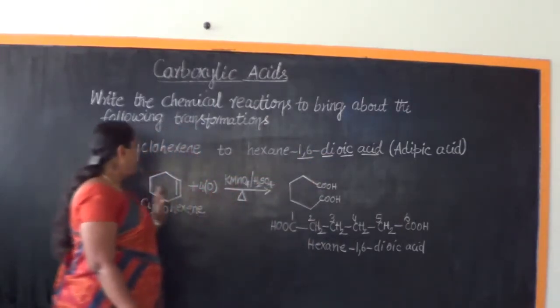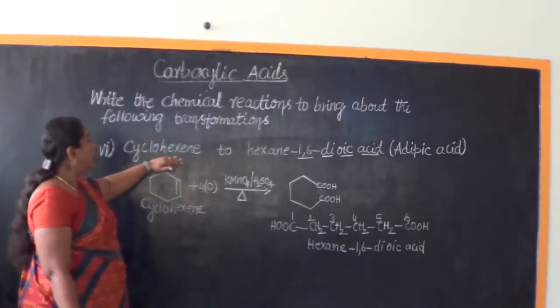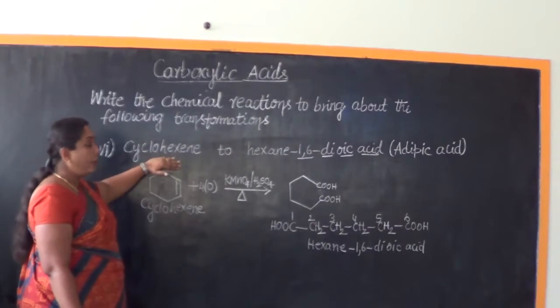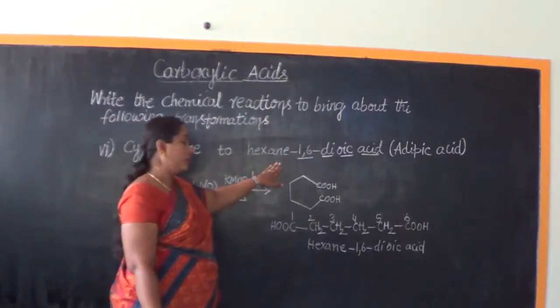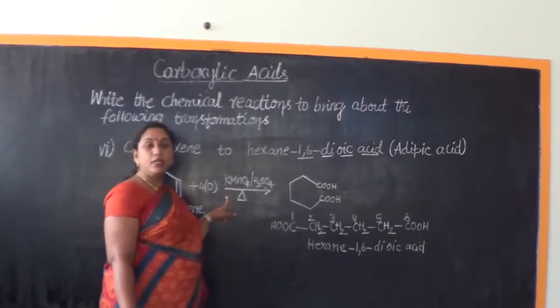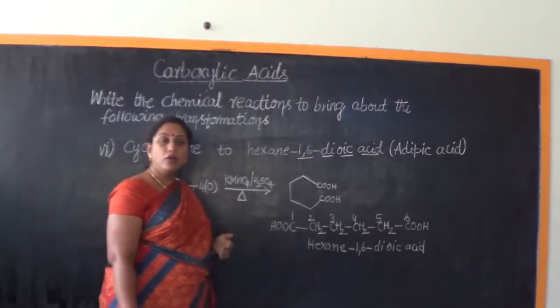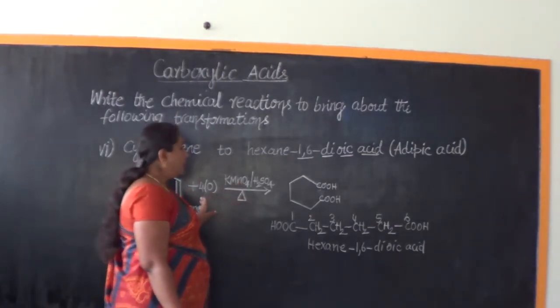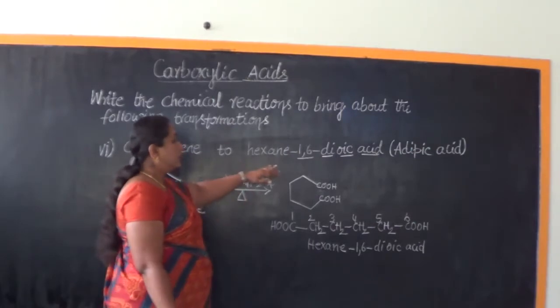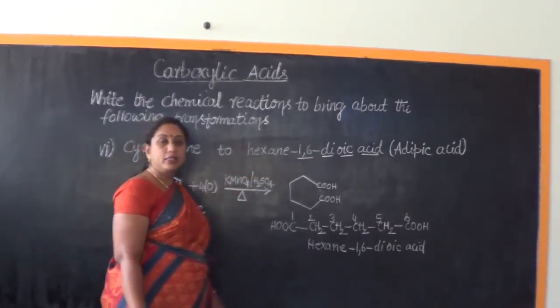So how do we convert cyclohexene, an unsaturated cyclic compound, into a saturated aliphatic compound? By subjecting it to oxidation, using a strong oxidizing agent along with heating, we will be able to obtain hexane 1,6 dioic acid from cyclohexene.